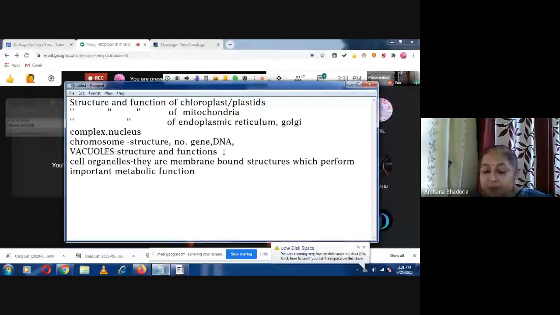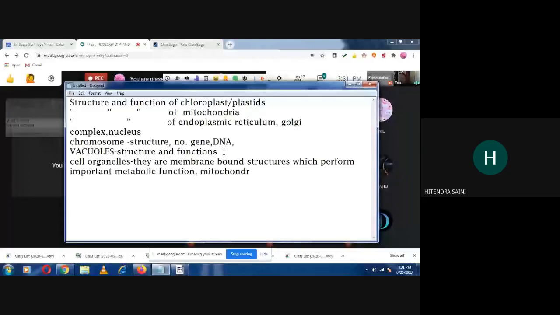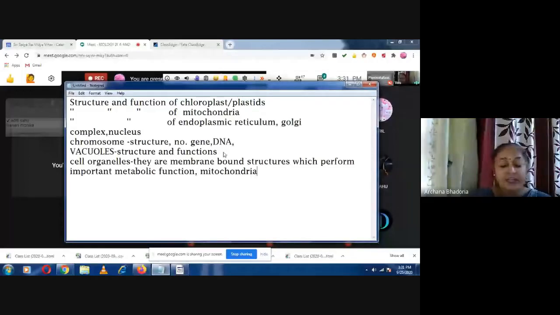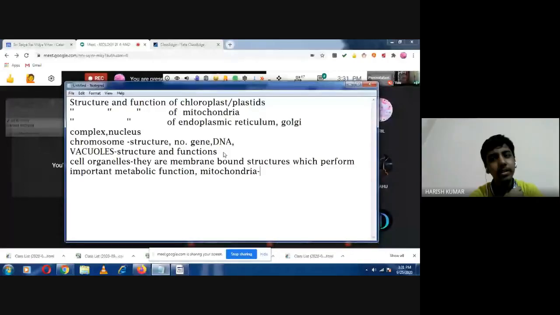Because they are those structures which perform some metabolic function. For example, take the mitochondria. What does the mitochondria do? Tell me quickly. Produce energy, but always say the name of the process: respiration, oxidation.